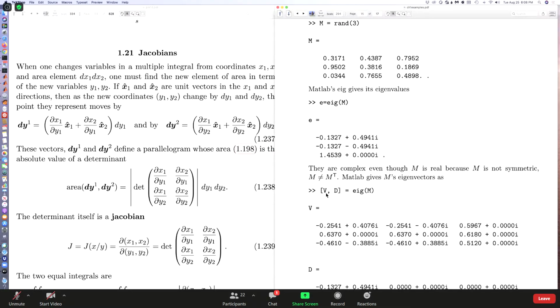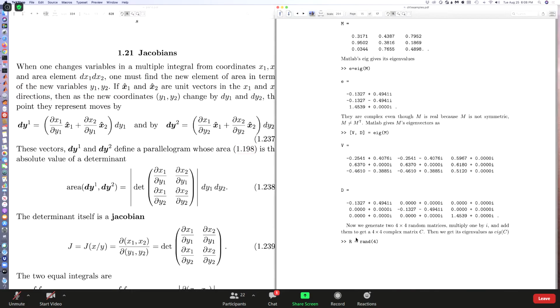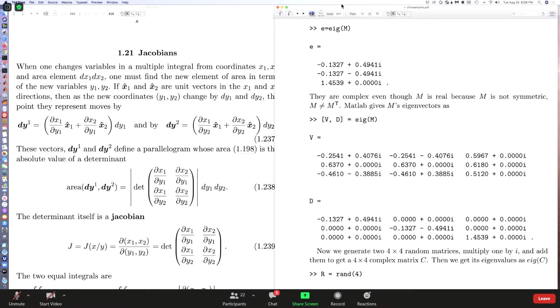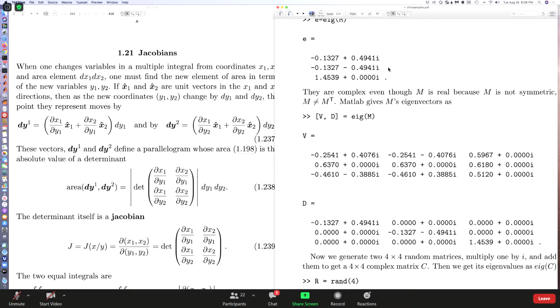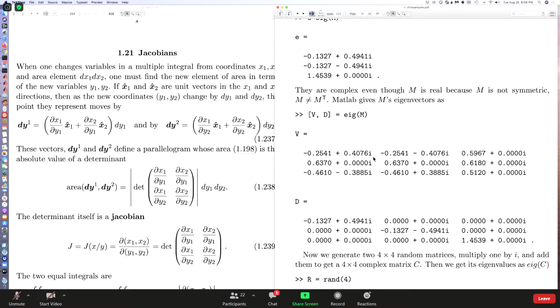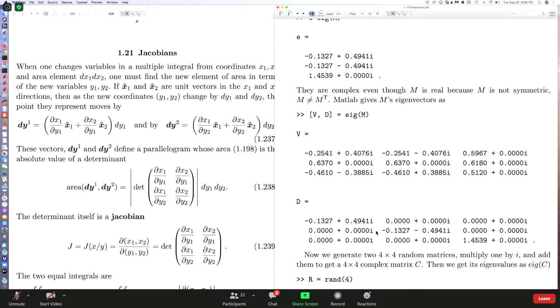So if we do VD equals eig of M, then we get the eigenvectors, and we see they are complex. These are the three eigenvectors. And the eigenvalues, for some reason, are displayed as a 3 by 3 matrix.